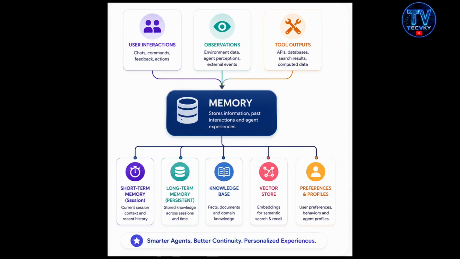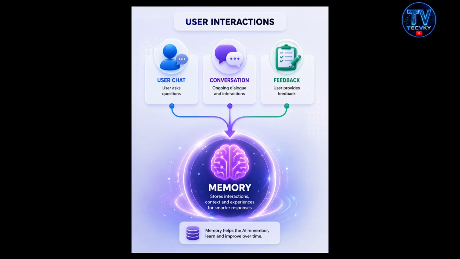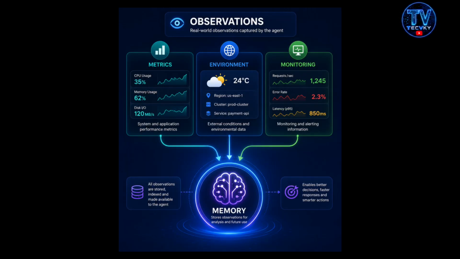Now, let's see from the top. We will discuss one by one all of this: user interactions, observations, tool outputs, etc. Okay, so let's see user interactions first. Memory receives information from user interactions. This includes conversations, commands, feedback, and actions performed by the user. Okay. Memory also stores observations.